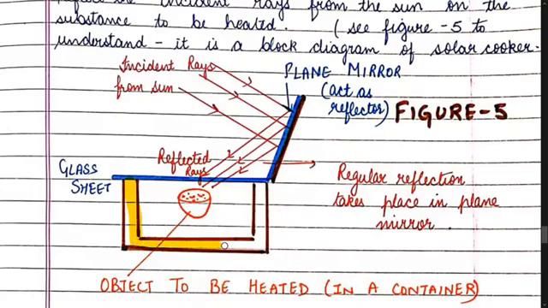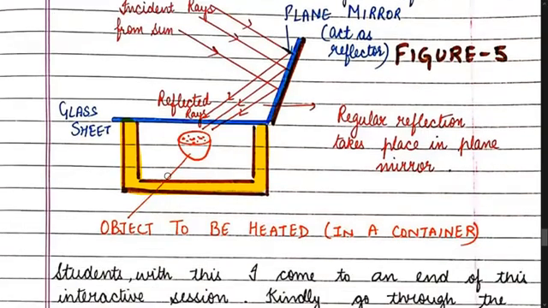Here, a rectangular box is made and a bowl is kept in which we have placed an object to be heated. On the rectangular box, we have placed a glass sheet. Students, it is a glass sheet and not a mirror.